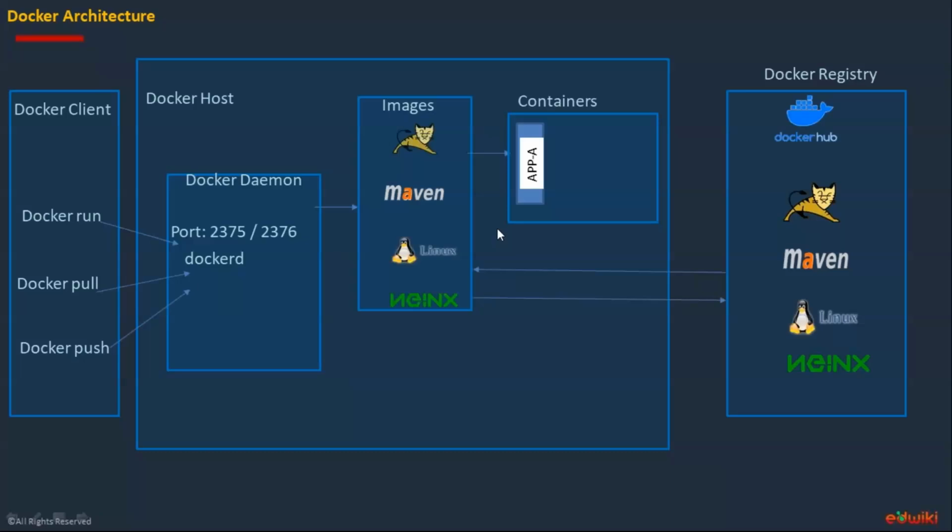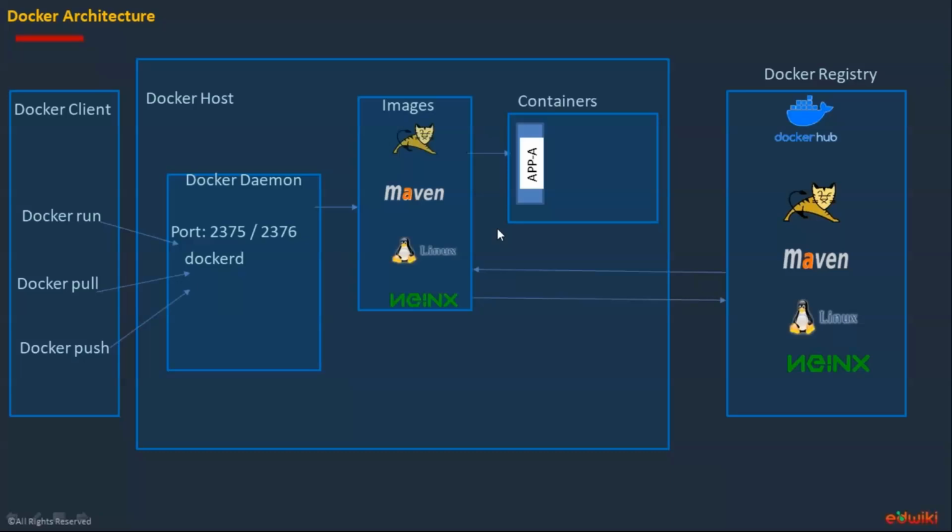Being said that, whenever you run a container from the image, at the time the images are created, the configuration is set in the image itself. Because this image is designed for a specific application, the moment the container is created and running, this is the application that has to be started.